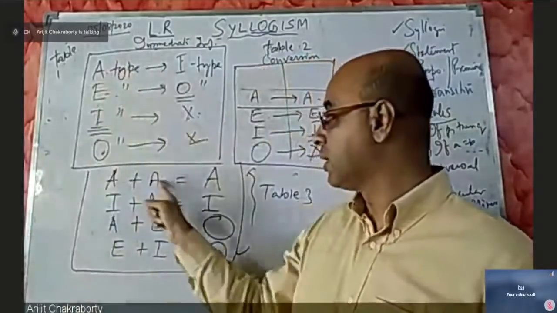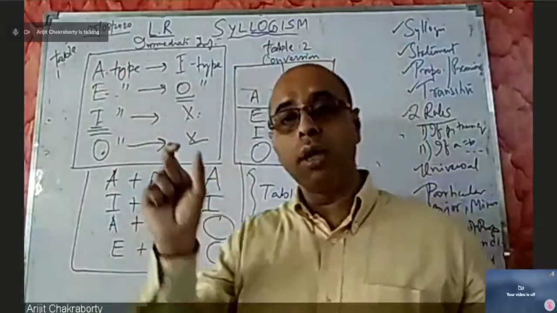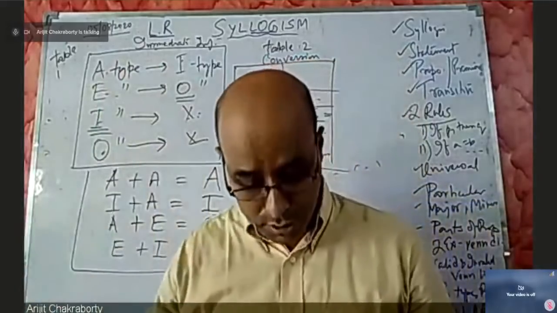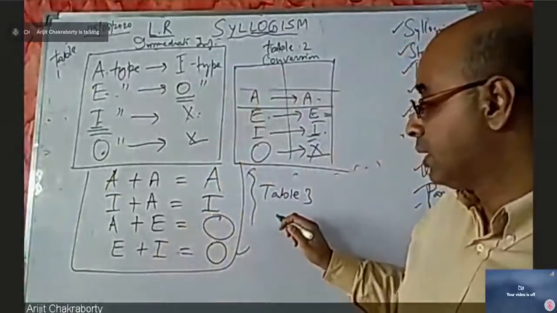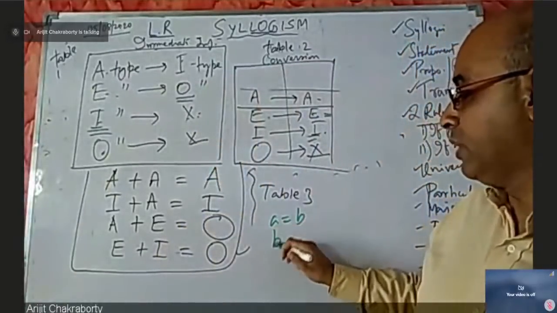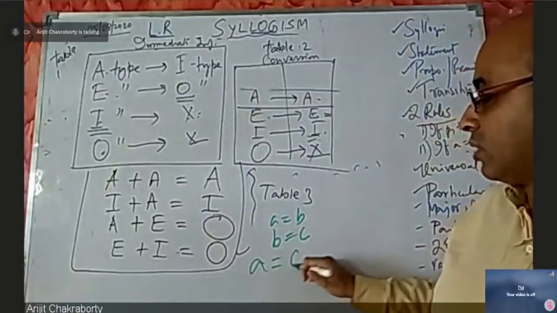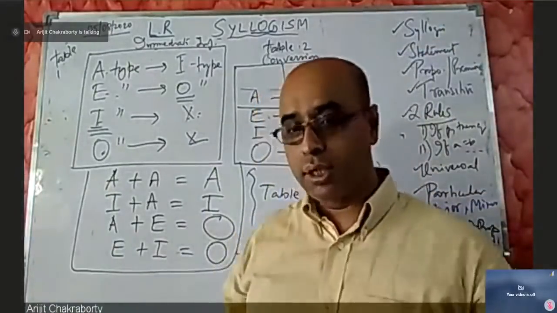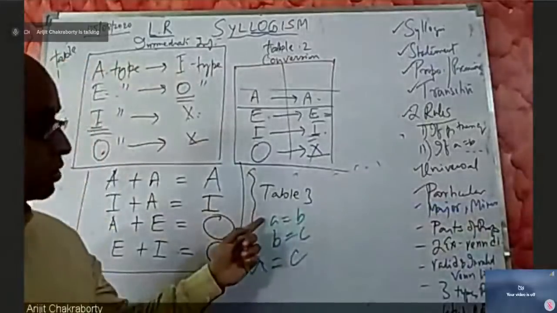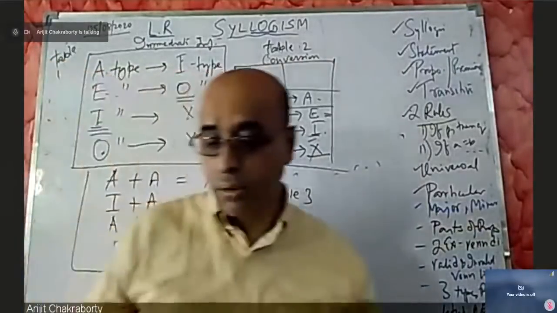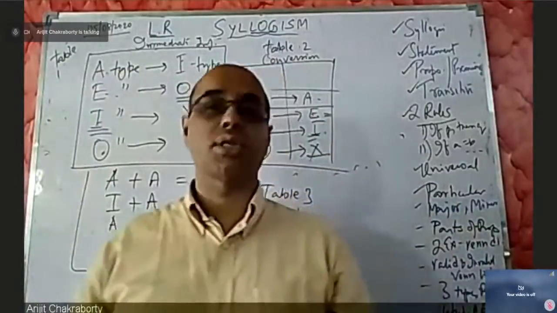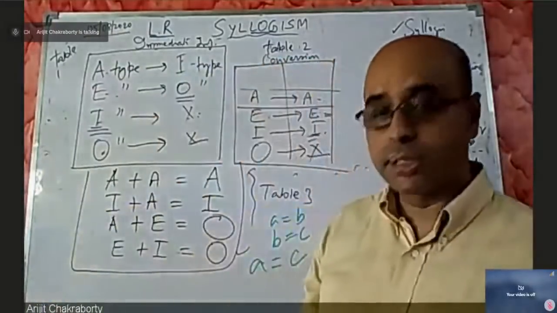A plus A gives you A. This is the first formula which I said: if A equals B and B equals C, then A has to be equal to C. So if all balls are bats and all bats are stumps, the conclusion is all balls are stumps. Right? So this is example 4.